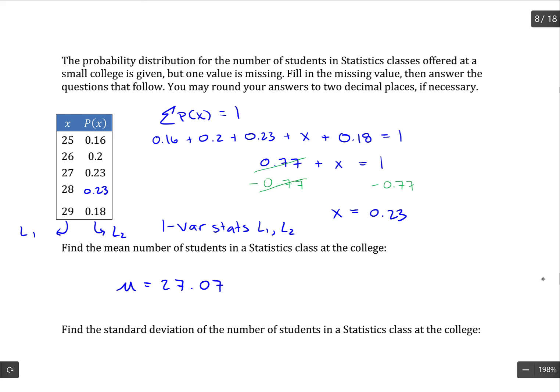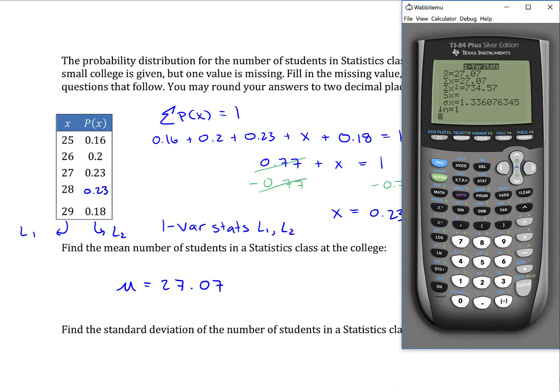And I will list that as a population mean because with probability distributions, you should know your entire population. So in theory, it should be a population mean.